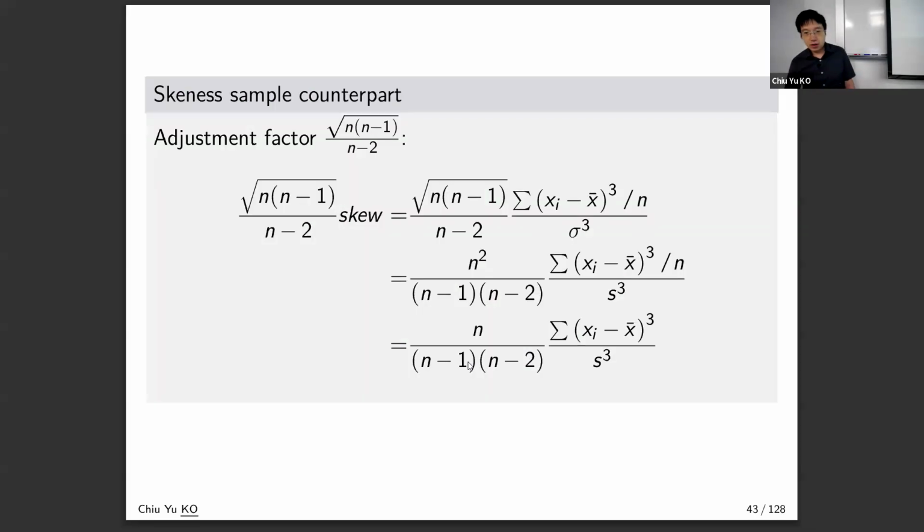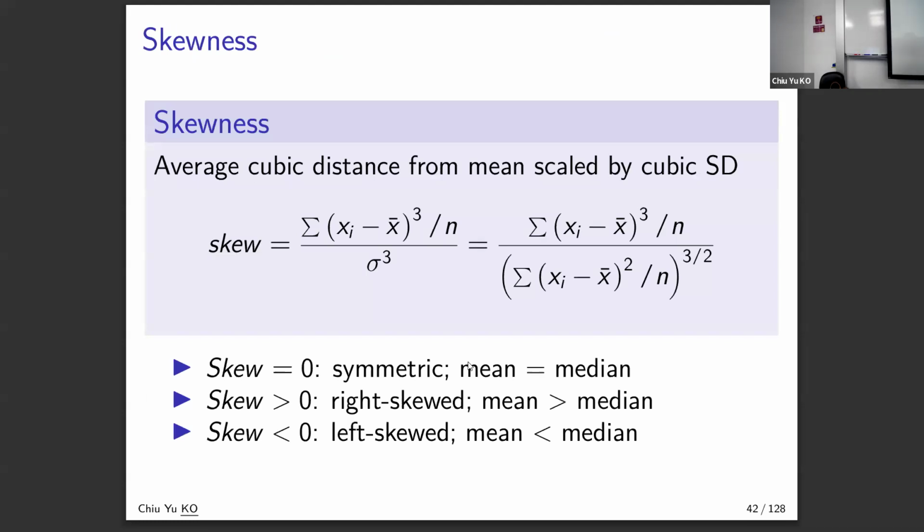Now, let's go back. Hopefully, I gave you some intuitive idea of what it is. So that is the numerator, and you ask, why do I have to divide it by the standard deviation raised to the power 3? This is just a normalization to make sure of two things.